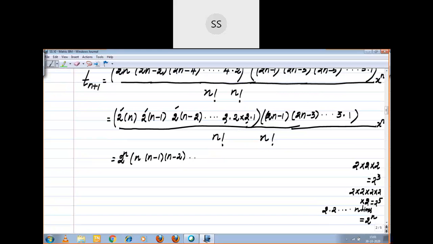So this 2, 1, 2, 3. Here 1, 2 is there, here 1, 2 is there. So it is going to be 2 to the power n.